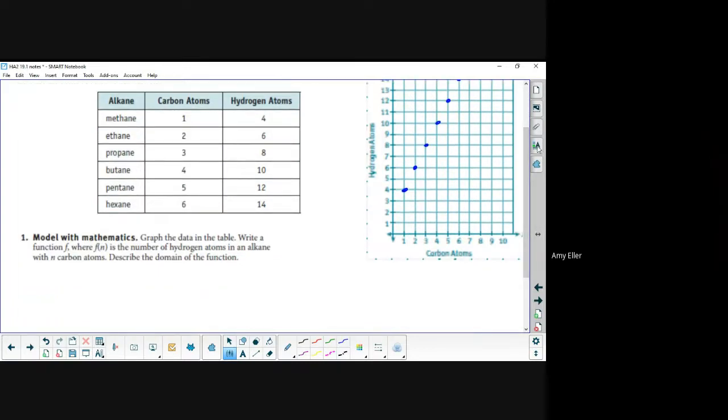So, number 1, it says graph the table. We got that done. Write a formula, F of N, to describe this. I'll give you some time. Go ahead and write your formula for that information.